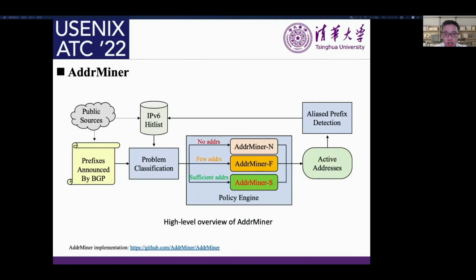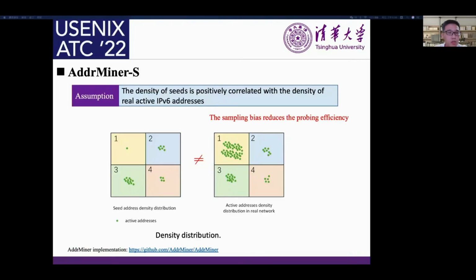For announced prefixes with substantial seed sets, we present AddrMiner-S to probe active addresses. We know that the higher the density of active addresses, the higher the hit rate of active addresses. We assume that the density of seed sets is positively correlated with the density of real active IPv6 addresses.